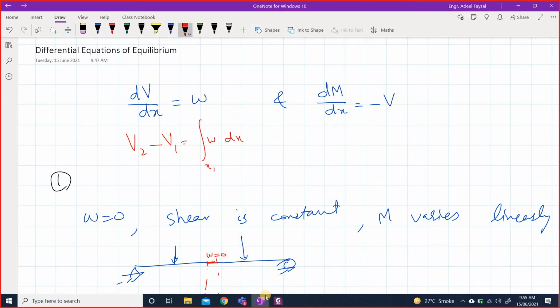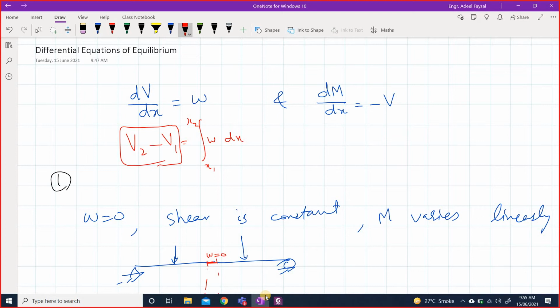So this is delta v, the change in shear, equal to the integral of w dx between x1 and x2.